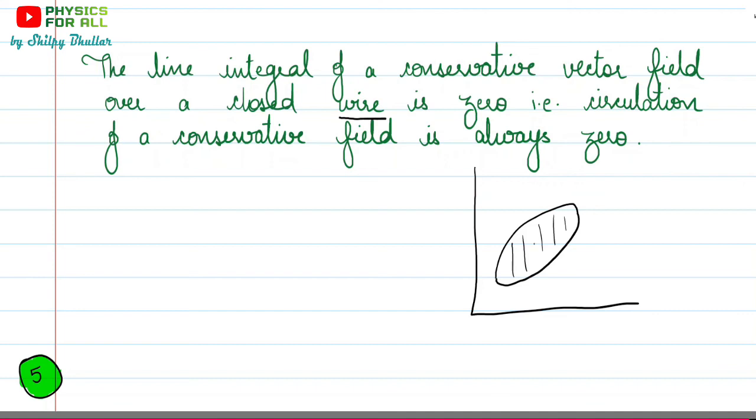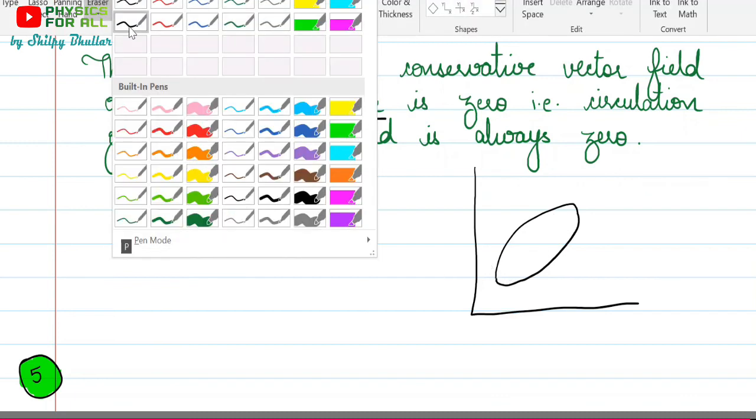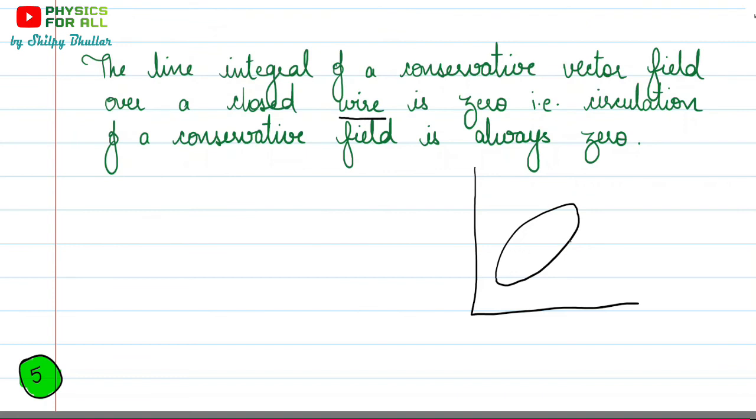But if we are not doing so, it simply means that we are talking only about the path. And that's the reason we are saying here that it is just a closed wire, a closed loop, a closed path, just to give that one-dimensional feeling, so that we can justify that we are taking a line integral, and that is the only possible way here.